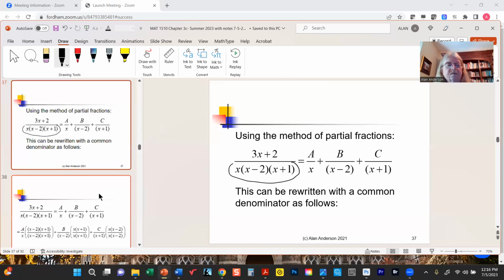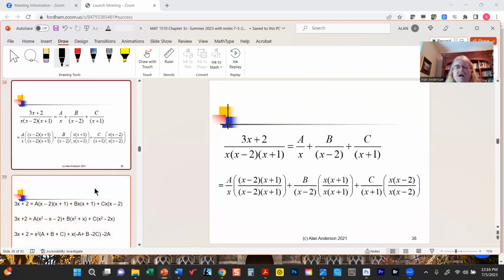So here's what we're going to do. For A, we'll multiply it by these 2 factors over themselves. In other words, we only have an x here. In order to create a common denominator, we also need the x minus 2 and the x plus 1.